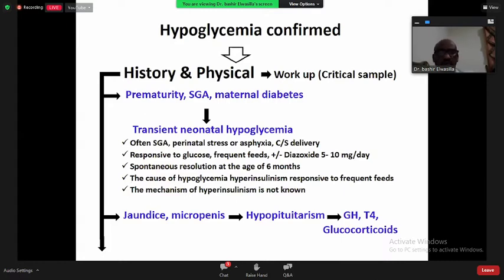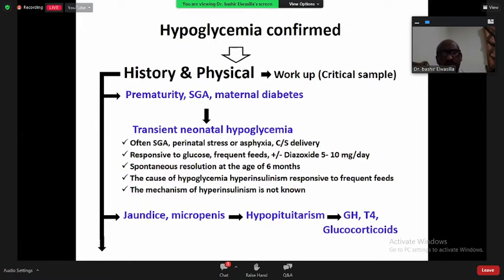In these cases of transient neonatal hypoglycemia, you do feeding tests. You give frequent feeds. If it's responsive, that means it will mostly be transient. If the hypoglycemia has been treated by these feeds, but some cases might need diazoxide for a while, and usually they spontaneously resolve at the age of 6 months.